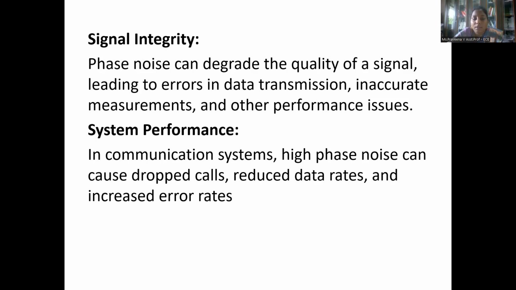Phase noise refers to unwanted random fluctuation in the phase of a signal, which degrades the signal integrity and causes errors in data transmission and measurement.